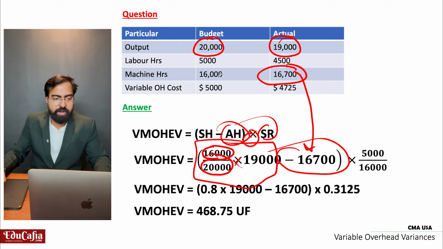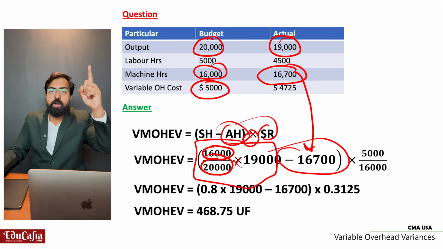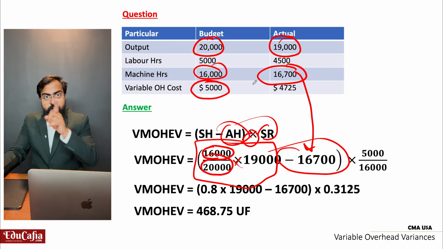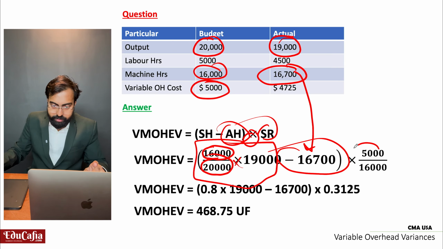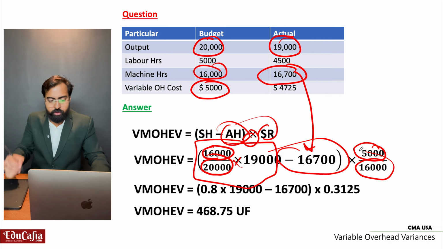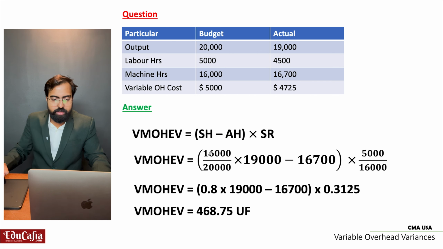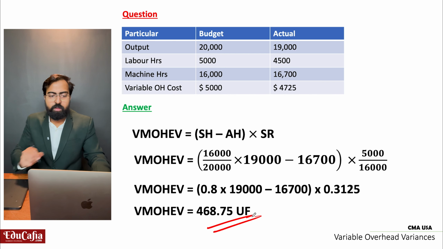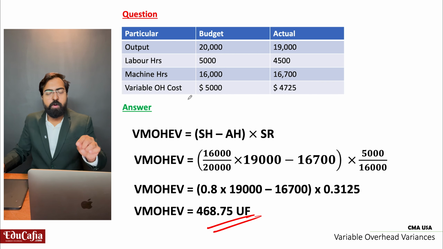What is the standard rate? This 5,000 is for 16,000 hours. We have to convert it to 1 hour. So 5,000 divided by 16,000. If you do this whole calculation, you will get 468.75 unfavorable.